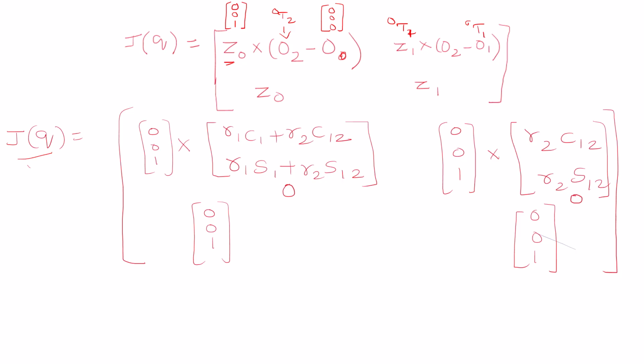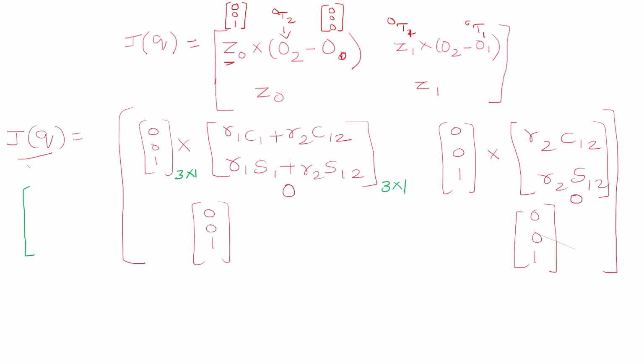So now we have to take the cross product. So I'll just tell you how to take the cross product. Here it is a 3 cross 1 vector, and likewise here also it is a 3 cross 1 vector. So whatever we get should also be a 3 cross 1 vector, a vector with 3 rows in it. So the first row, how will you get it?